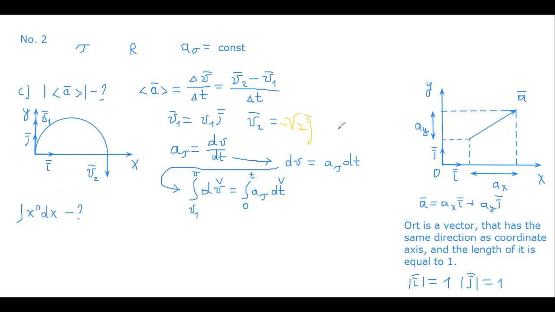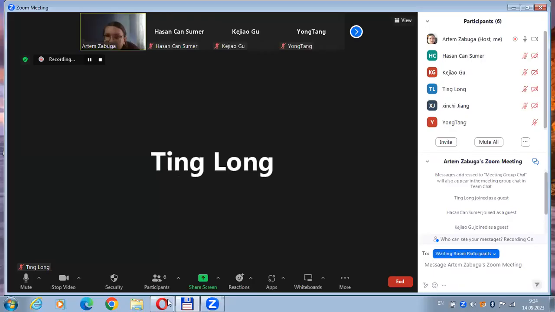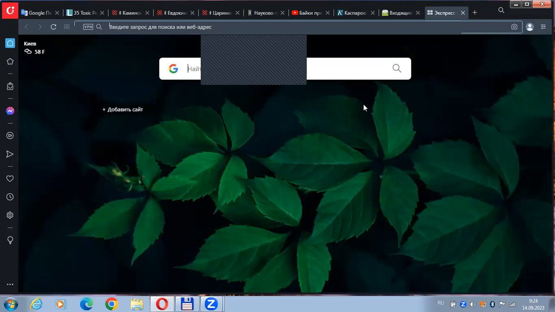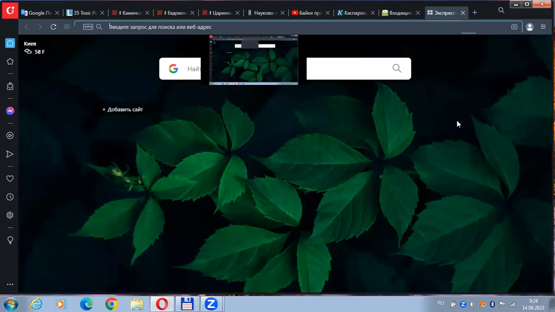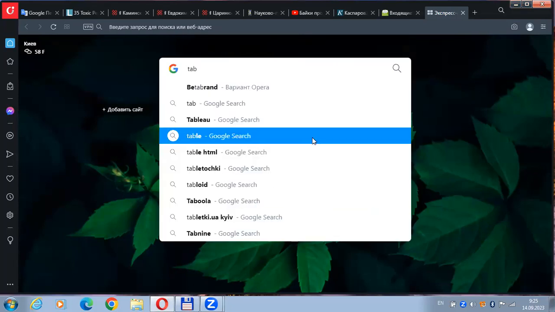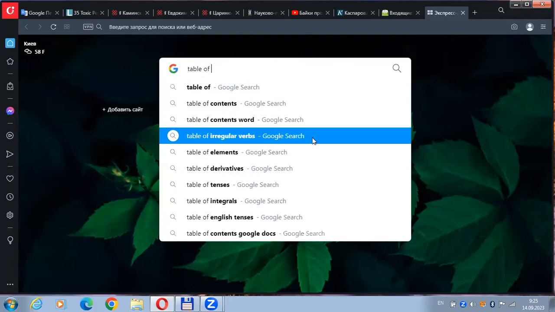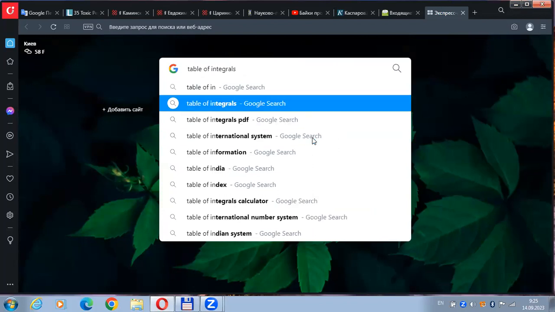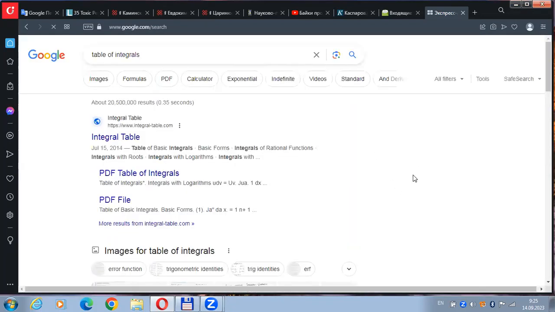Okay, let's try to find the solution. For example, find the solution, table of integrals. Like this. Table of integrals.